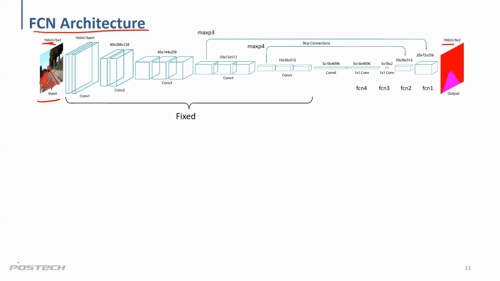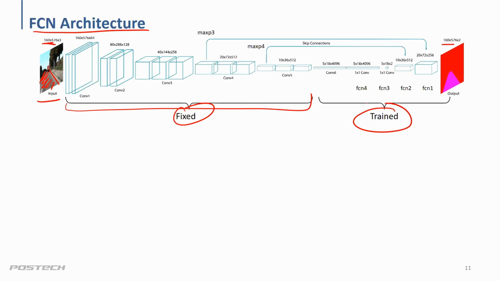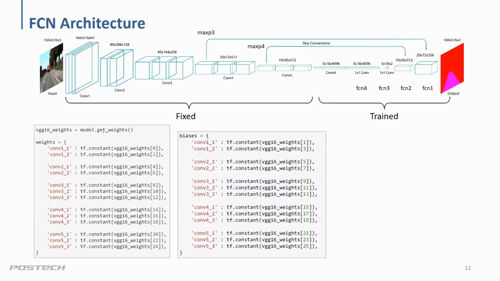What we can do, and here I'm going to fix it, is learning from transfer learning. I will take the pre-trained weights and structures, weight and bias, from the pre-trained networks, and for the rest we're going to train it. You can see we get it from VGG16, and for this part, all of them are constant.